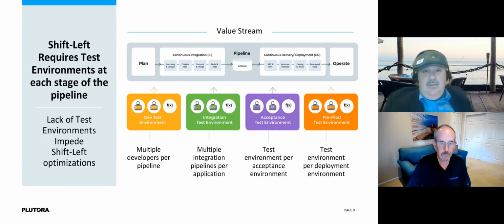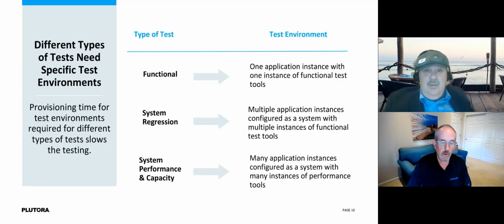So you really need to have the ability to stand up test environments and do testing efficiently, strategically along the entire value stream. Some tests really do have to be done near the end or even in production. As you get more accelerated test pipelines, you're going to need to have really good testing all the way through the value stream. Well, in fact, the test requirements vary depending on where you are as well.